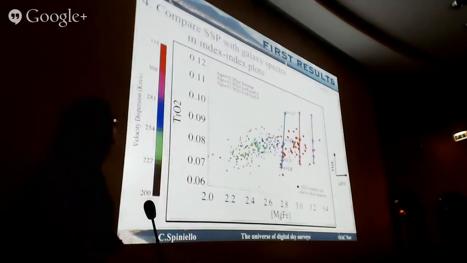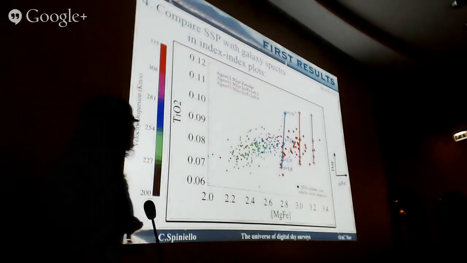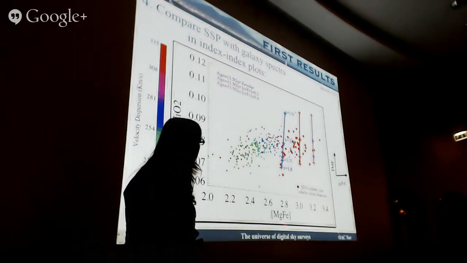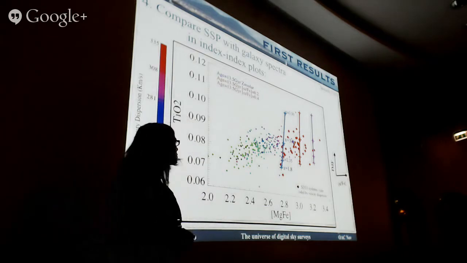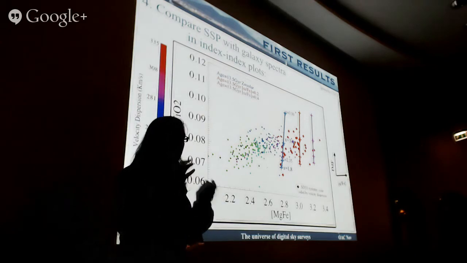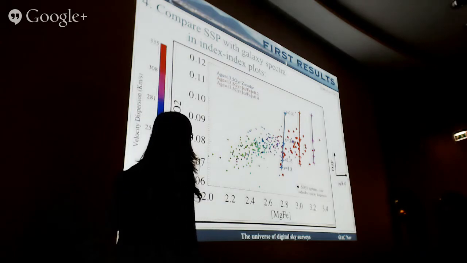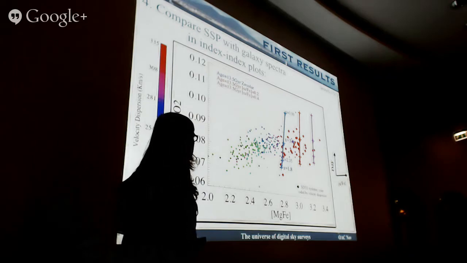This is an example using SDSS galaxies, color-coded by velocity dispersion, and here different points are different galaxies. I'm plotting magnesium-iron, which is a combination of magnesium and iron features that has often been used to constrain metallicity or alpha to iron according to the model you're using, and TiO2, which is indeed one of the IMF, or gravity I should say, sensitive features.